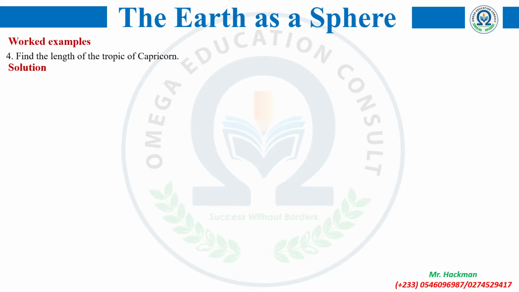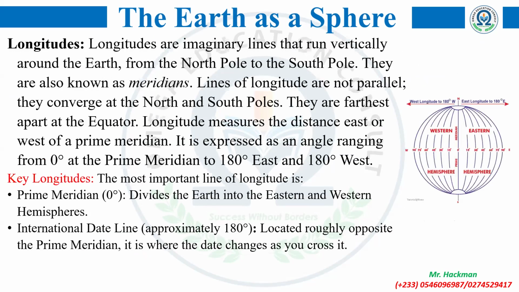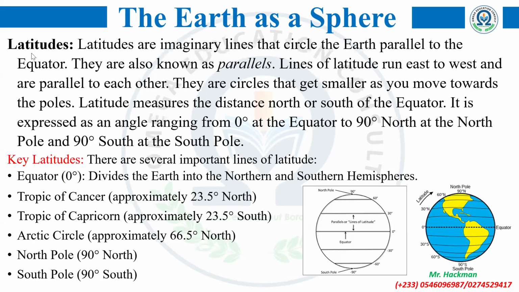That's the more reason why what you learn in JHS, you don't throw everything away. So I will take you back a little. Remember, I stated key latitudes. The equator, which we all know, is a special one. Latitudes are measured relative to the equator. So Tropic of Cancer, Tropic of Capricorn. Tropic of Capricorn will be 23.5 degrees south.